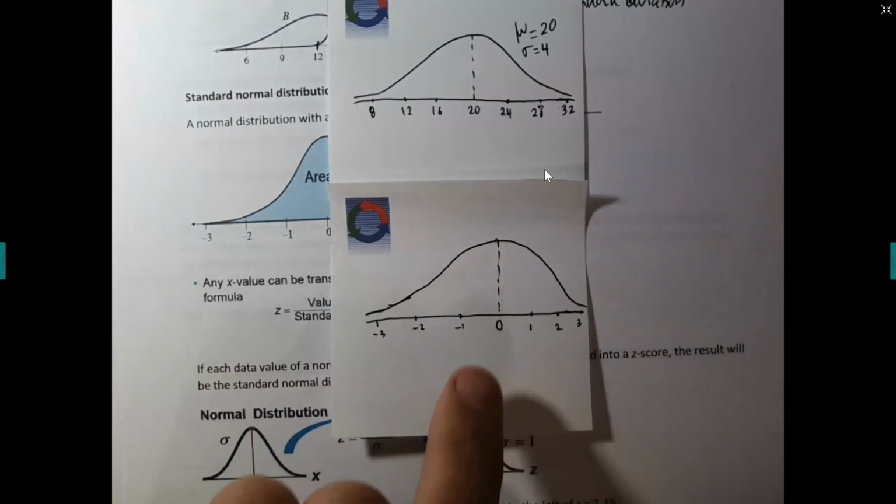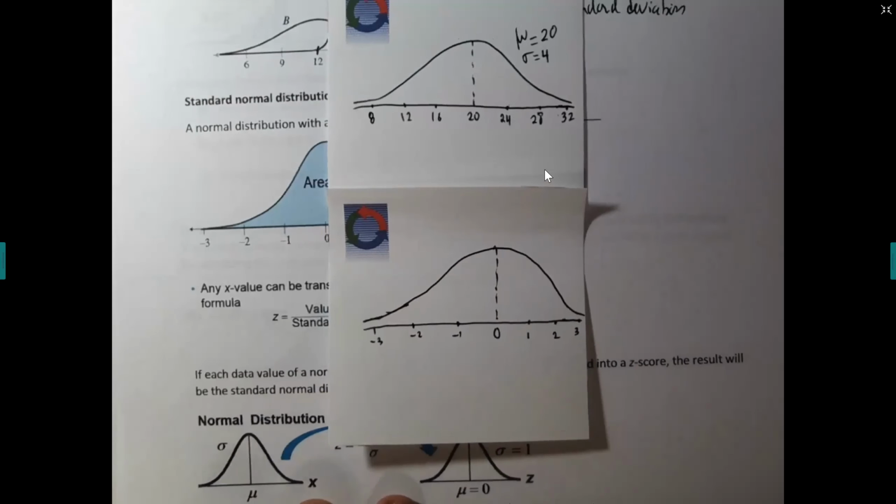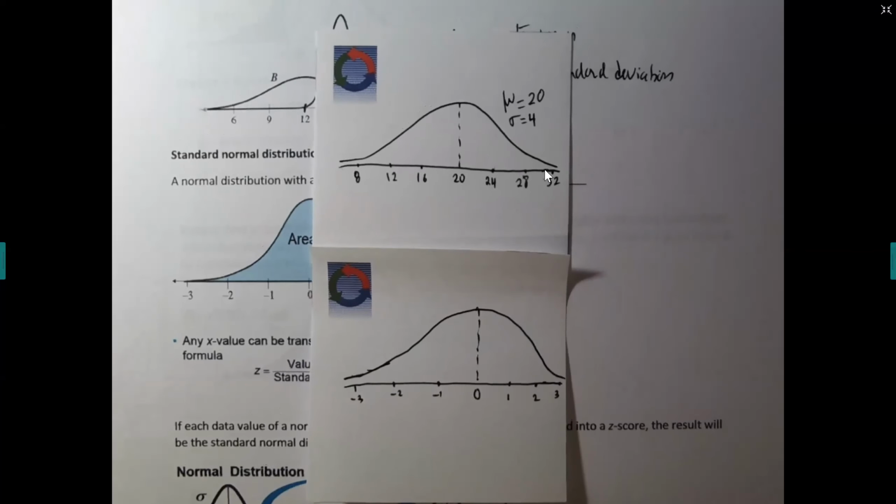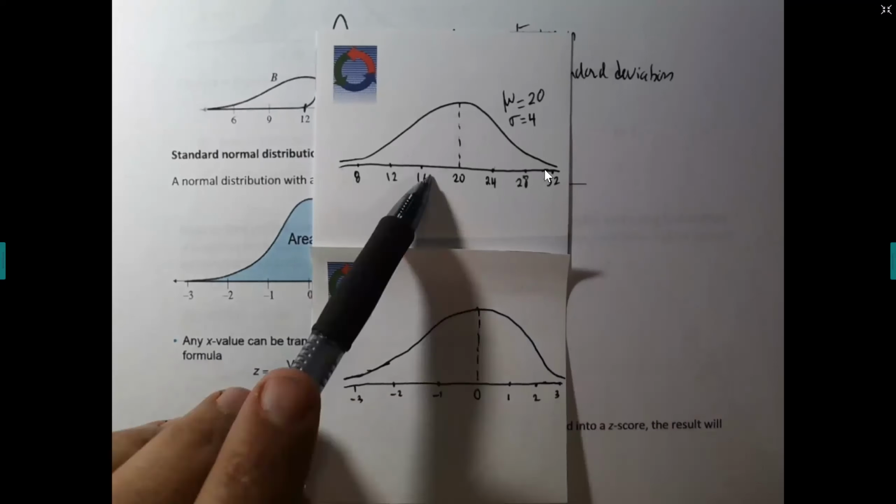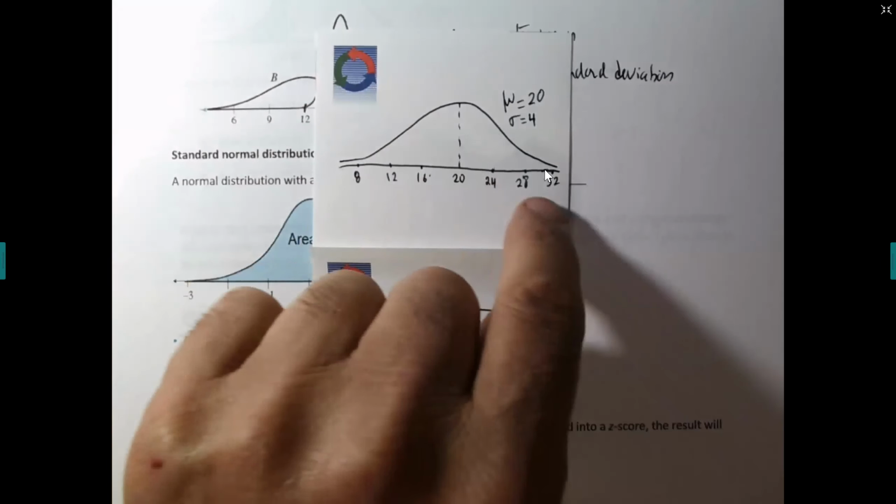I claim, guys, that those two curves are exactly the same. Assume that this shape is exactly the same as that one. The only thing I changed is the labeling.